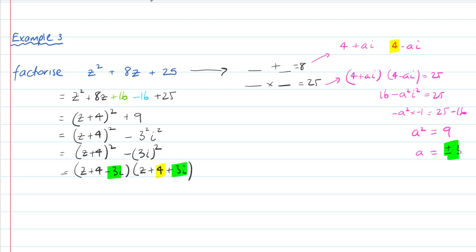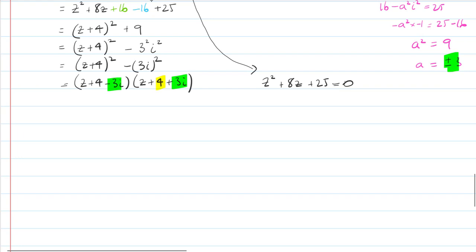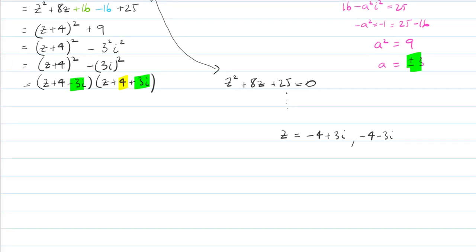And then the third option, which you'll probably like, it's probably the easiest option in the whole scheme of things, and that is to just write it down as an equation. It's really not the cleanest option, but it works. Write it down as an equation, solve that equation, so you'll come down here to z is equal to negative 4 plus 3i, or negative 4 minus 3i, and then put that in as a solution to factorise it.